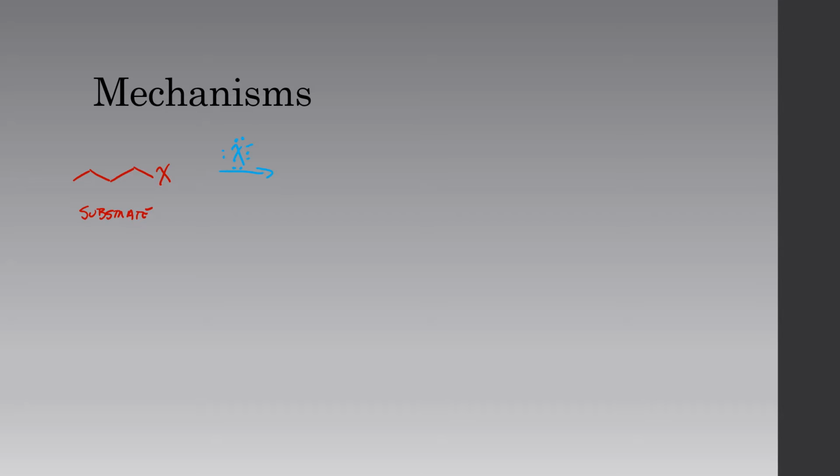Remember, as I said on the previous slide, SN1 mechanisms are not really going to be happening with our primary leaving groups. Our incoming halide in blue there is a good nucleophile. Most of our halides tend to be good nucleophiles. So if we have a primary leaving group and a good nucleophile, we're going to hit that carbon and pop out our red halide. And so our mechanism for this is pretty simple.